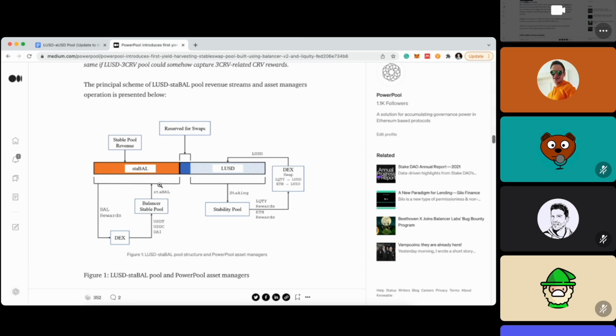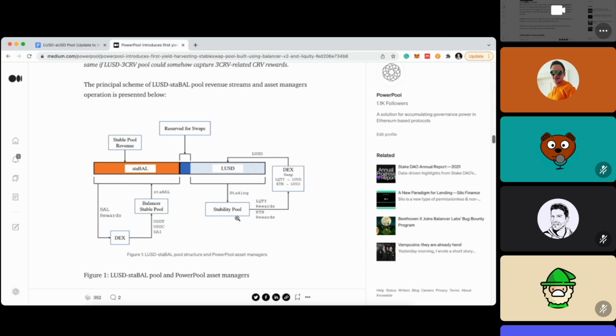Also, we have StabAL here, and for StabAL, we harvest BAL rewards, convert them to one of the stablecoins, and after that supply this stablecoin to the stable pool, get the StabAL LP token and add it to the IMM. So it works like a simple vault. It's compounding interest all the time. And for LUSD, we're doing almost the same thing, but in a more complex way.